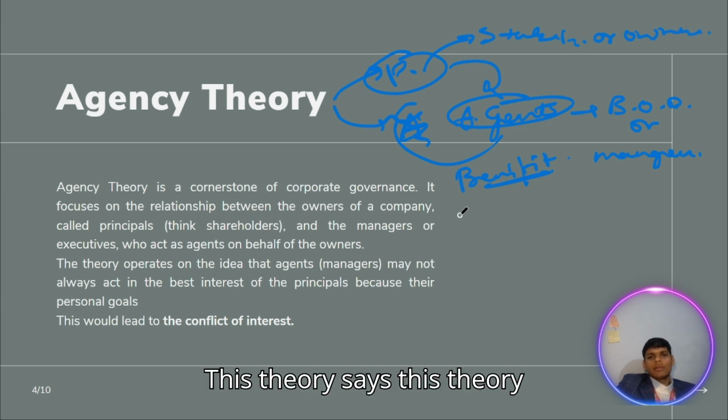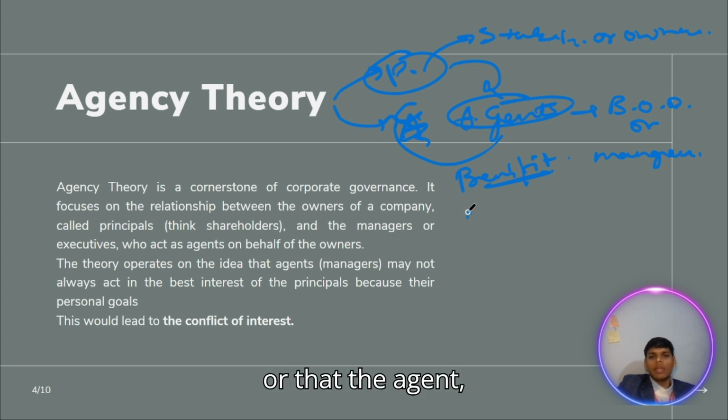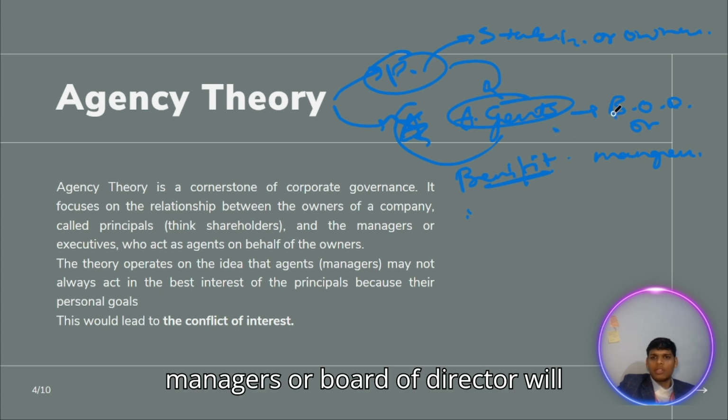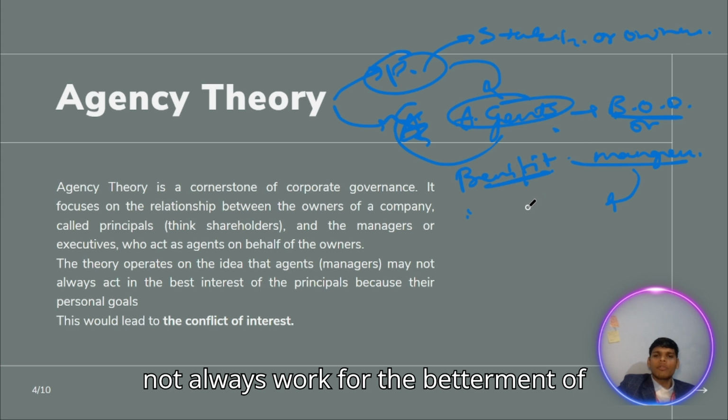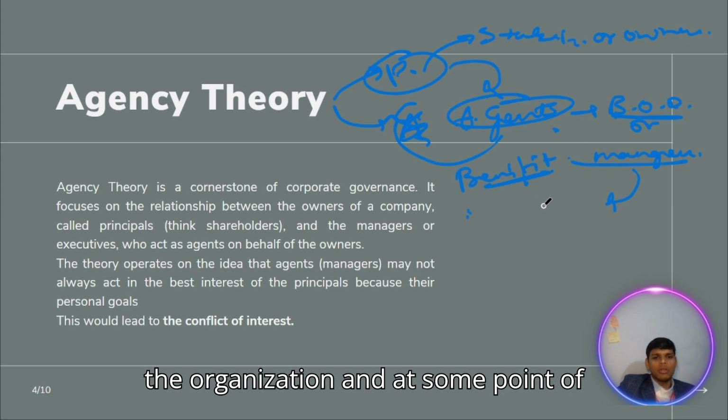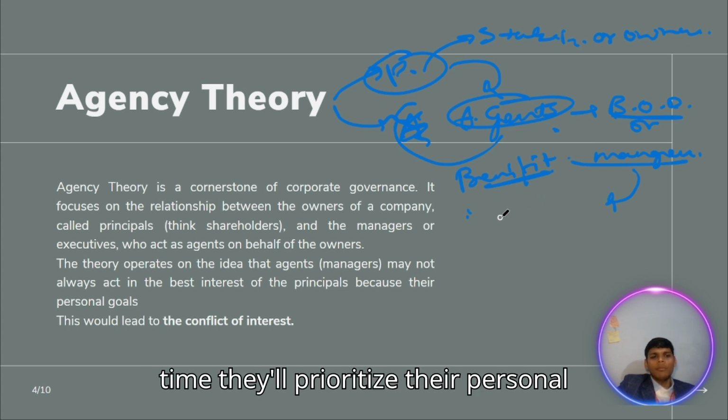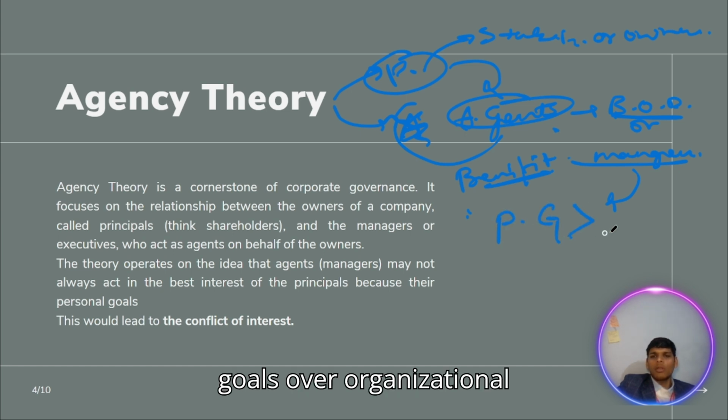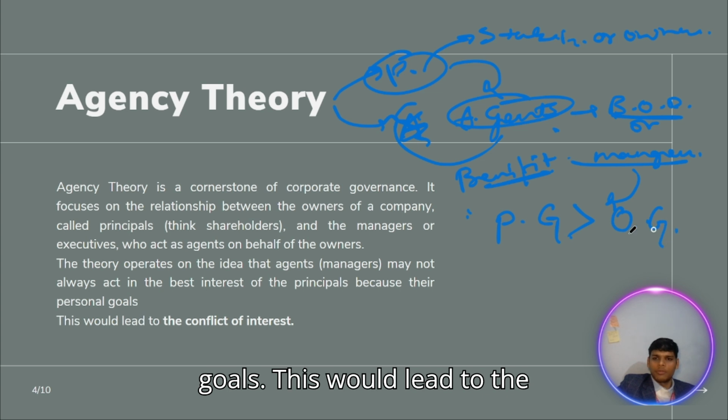This theory operates on the idea that the agents, managers or board of directors, will not always work for the betterment of the organization, and at some point they'll prioritize their personal goals over organizational goals.